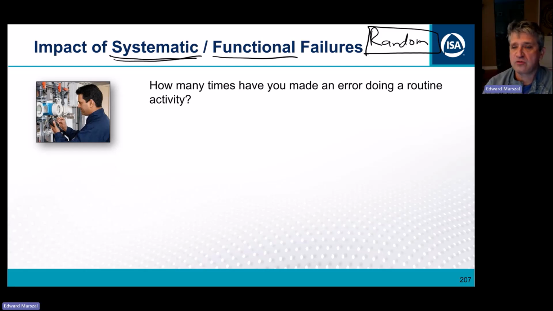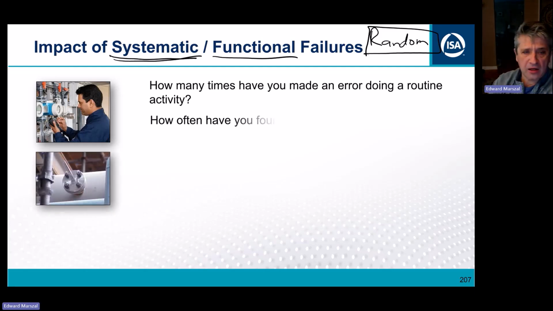And they will routinely make errors. So yeah, you did a proposal for a gas mapping study when they asked for a fire mapping study is an example of a systematic failure that resulted in the wrong proposal. Or you chose the wrong device out of the pick list and your calculation is wrong. So how often do you make these kinds of mistakes?